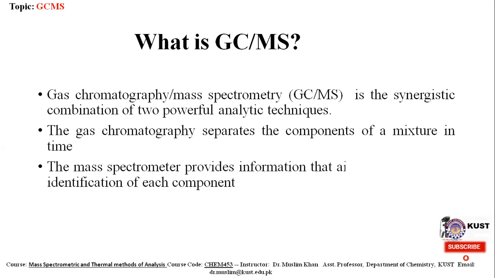And the mass spectrometry provides information that aids in structural identification of each component. So that is the power of the two techniques. One separates the components quite well, while the other gives the fragmentation pattern, meaning the structural information of each component, very well.